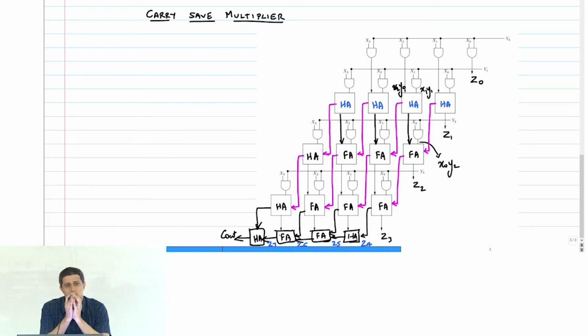Oh, what will happen to that carry out? Why will carry out always be 0? Correct.